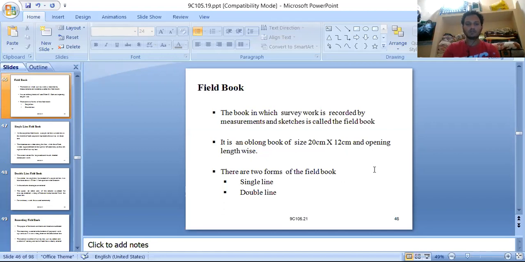It is a long book of size 20 centimeter by 12 centimeter, opening lengthwise. Unlike our traditional book, it has an opening lengthwise. There are two forms of field books: single line field book and double line field book.